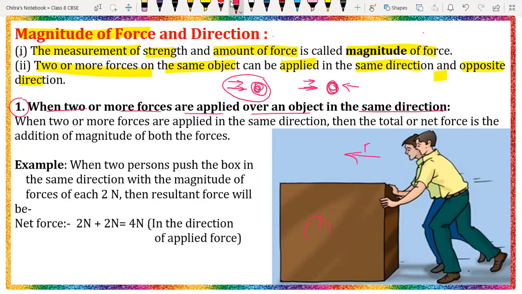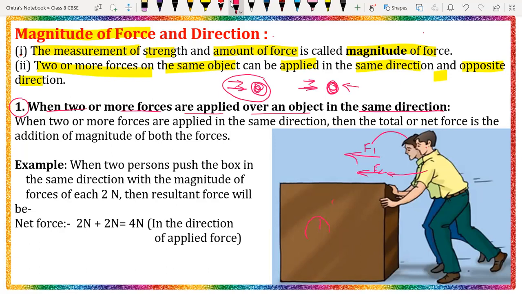I am writing here force 1 applied by the first person and force 2 applied by the second person. These two forces are applied on the object in the same direction, so the displacement, movement or velocity will be higher.